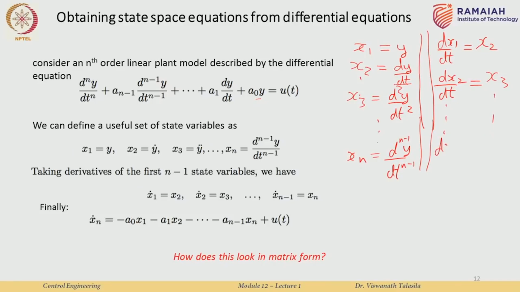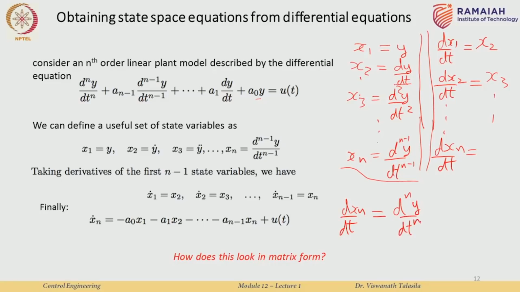I can go all the way here. So, I can go to dxn/dt, which will be equal to, well, this would depend on all the states which we have over here. So, let us see how to do that. dxn/dt is nothing but dⁿy/dtⁿ.